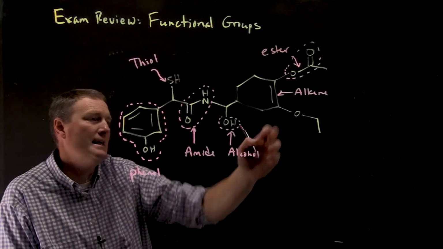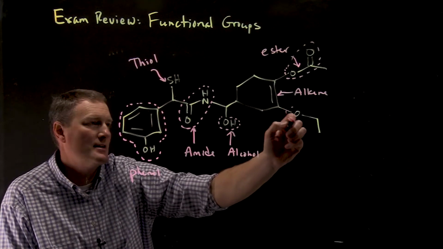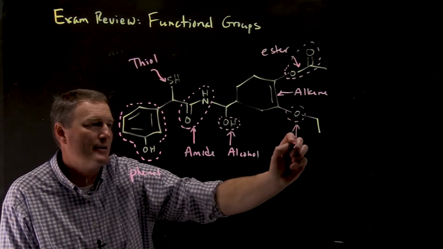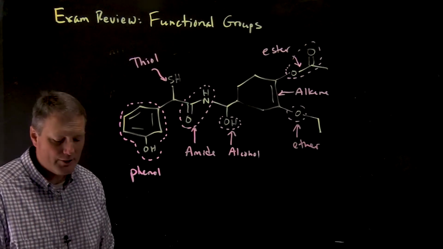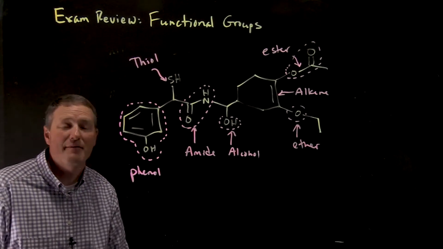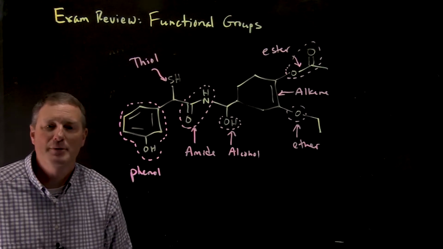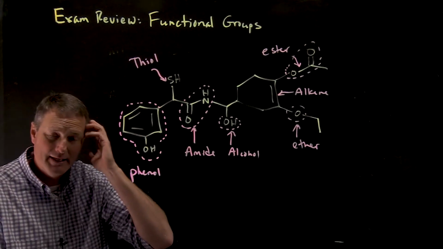And then lastly, I've got an oxygen directly attached to two carbons. So that is called an ether. So in this simple, fairly small molecule, you can see there's actually, let's see, 1, 2, 3, 4, 5, 6, 7 functional groups in it. So being able to look at a complex structure and being able to identify functional groups is a really important skill.